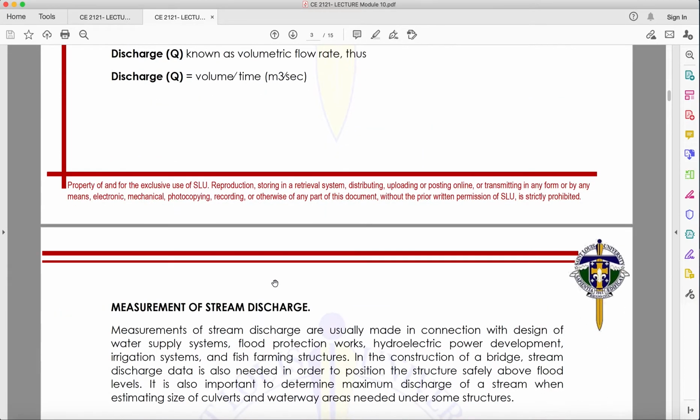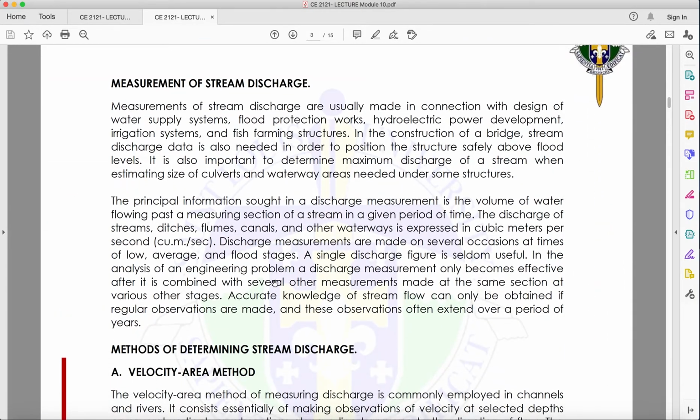Okay, so measurement of stream discharge. Measurements of stream discharge are usually made in connection with the design of water supply system, flood protection works, hydroelectric power development, irrigation system, and fish farming structures.